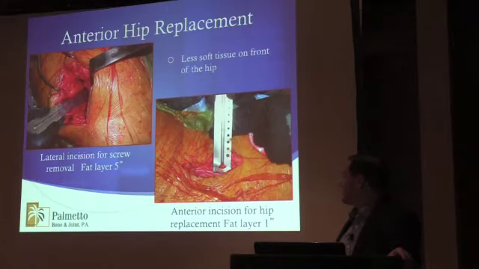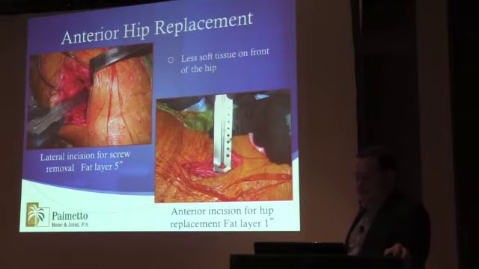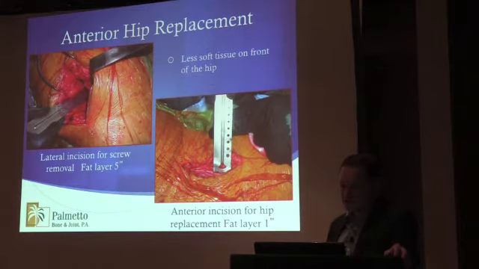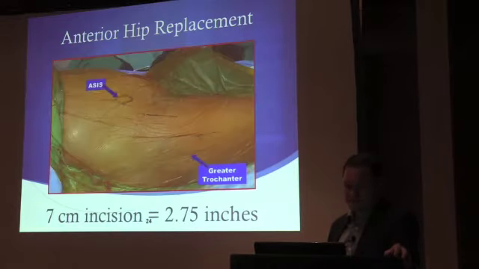There's over 5 inches of fat on the outside part of the hip. The incision here for the anterior approach is a much smaller incision, and there's really less than 1 inch of fat on the front part of the hip. So it's just a lot less tissue damage, even from just the general subcutaneous tissue, coming from the side versus coming from the front of the hip.